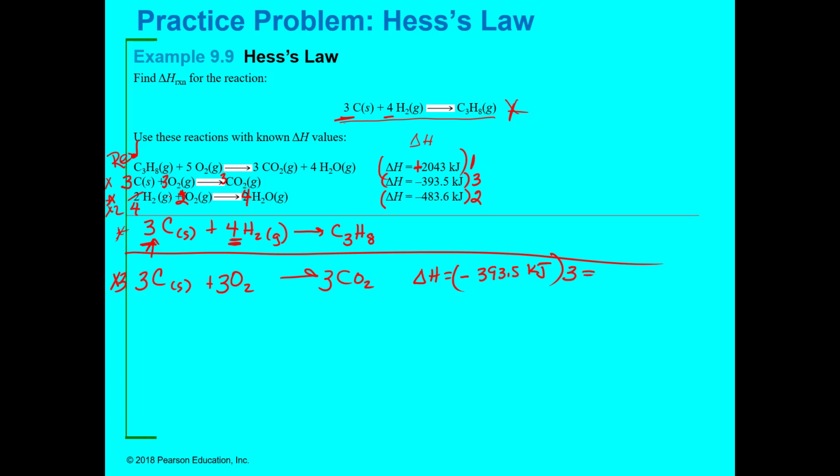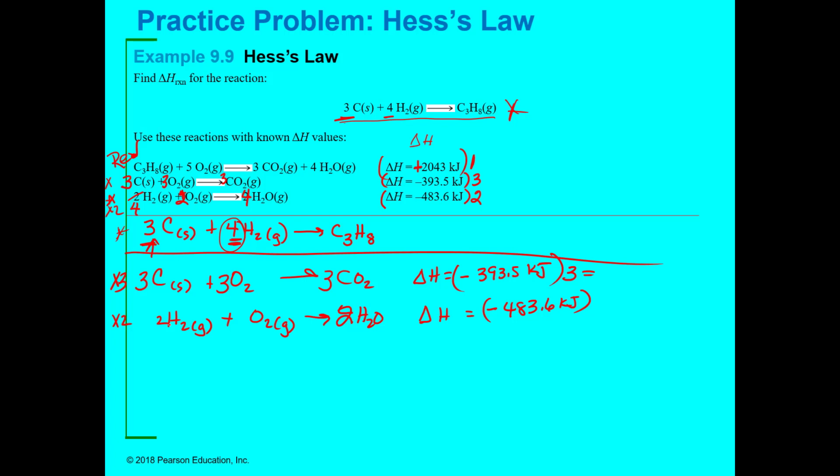Then my H2, I need to have 4 of those when I get done. Okay, so that means that I have to multiply my H2 so I got to multiply that by 2, right?